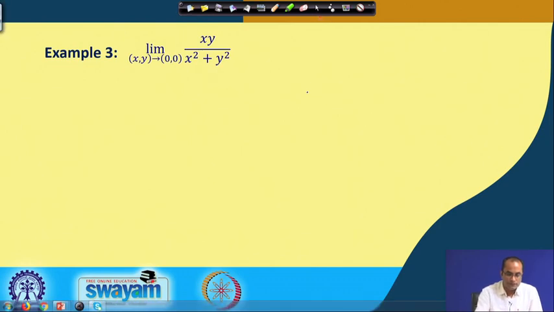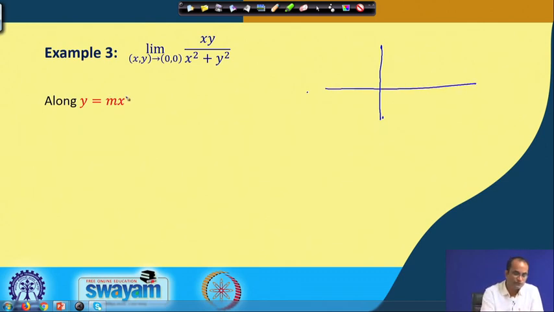So, if we take this next example, x y over x square plus y square, as (x, y) goes to (0, 0). In this case we are approaching the origin and the function is x y over x square plus y square. So, we take a general path y is equal to m x, that means y is equal to m x with varying m.